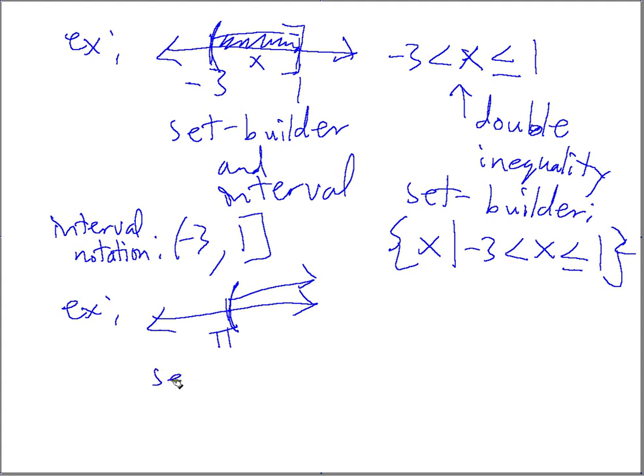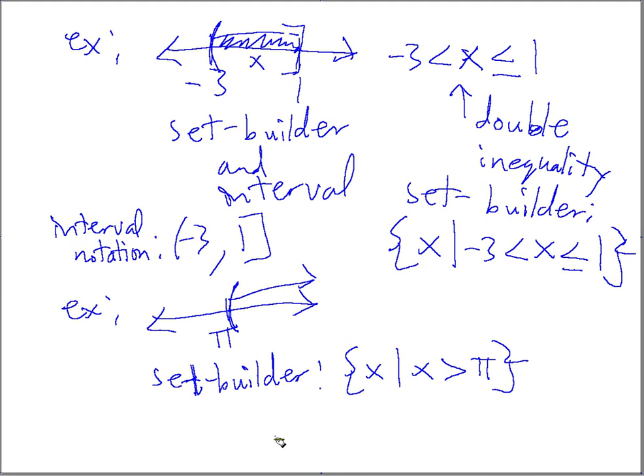Let's look at set builder again. Set builder notation, that's a T right there, sorry about that. Set builder notation is going to be all real numbers x such that, well, greater than. Everything to the right of pi is bigger than pi, so x greater than pi. Alright, can we see that?